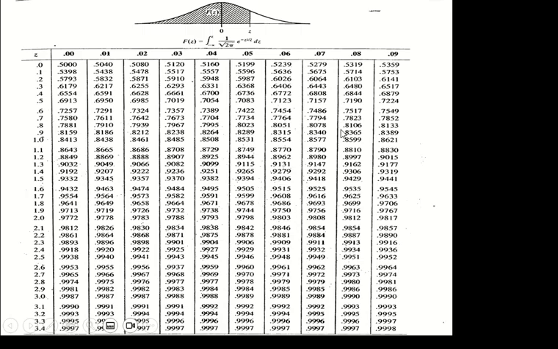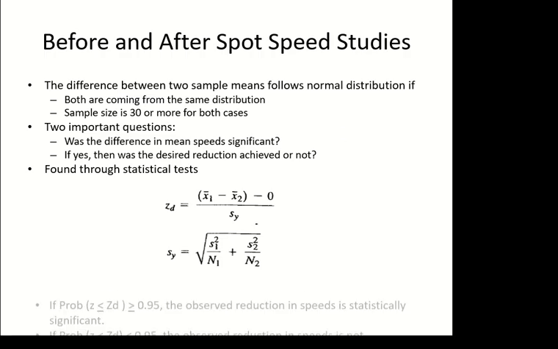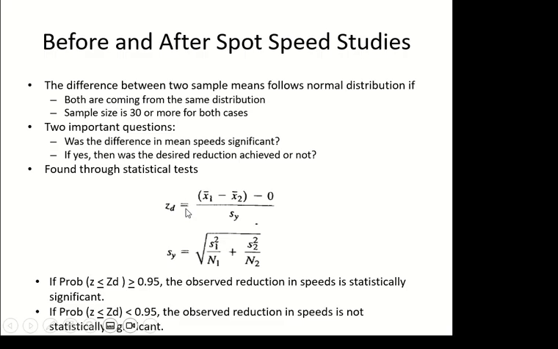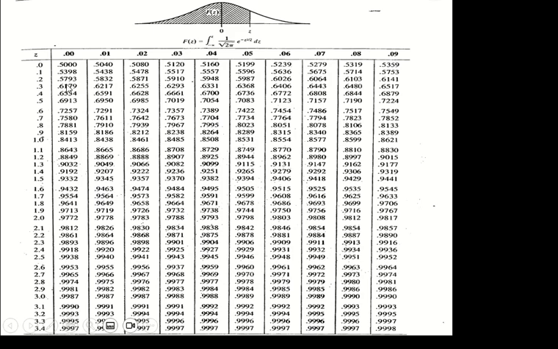Let's say you calculate the z value, and this z value was 1.21. So how do we read this table? Your value is 1.21. The first two digits, 1.2, come from the first column. The last digit, 0.01, comes from the first row.